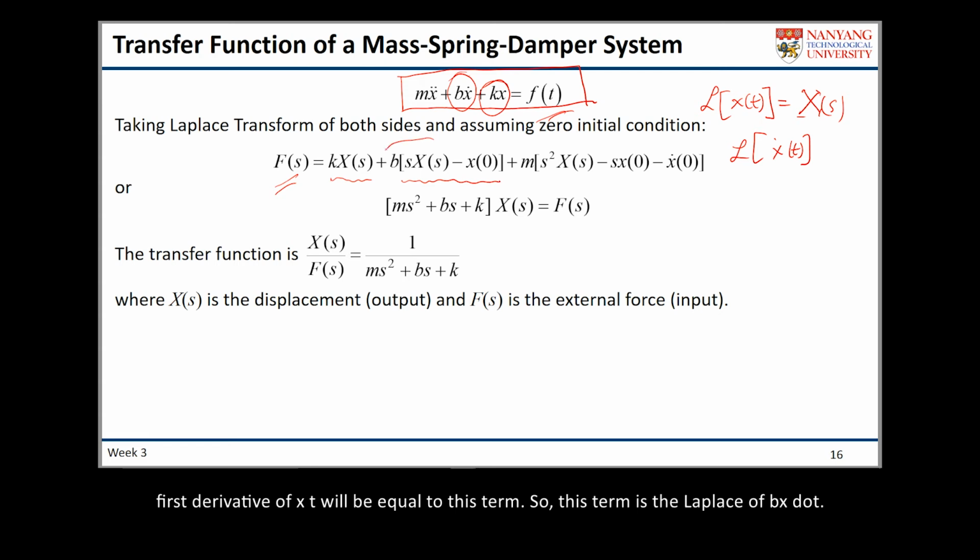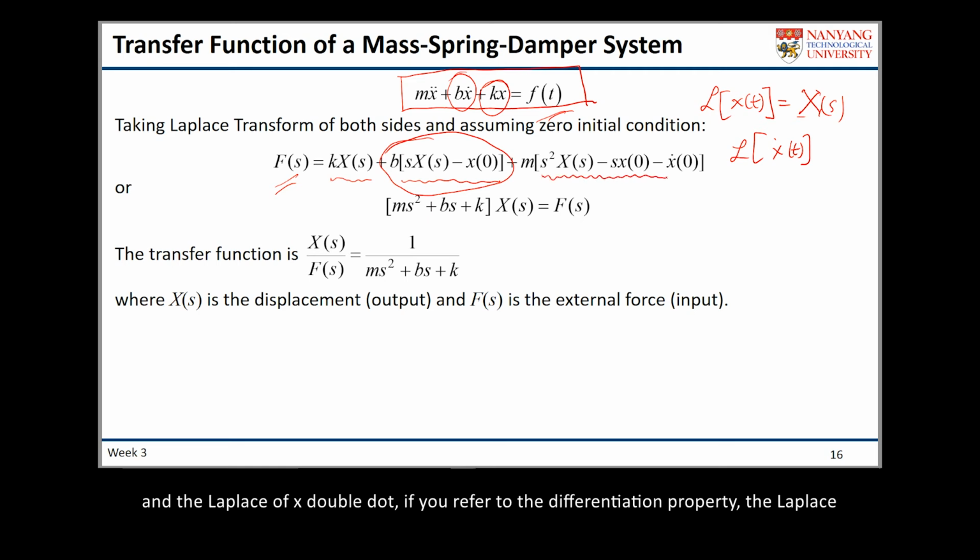So this term is the Laplace of b x dot. The first term, m x double dot, we use the same differentiation property also. And the Laplace of x double dot, if you refer to the differentiation property, will be equal to this term. So this last term is the Laplace of m x double dot.